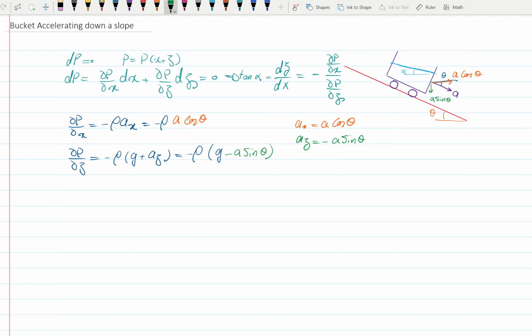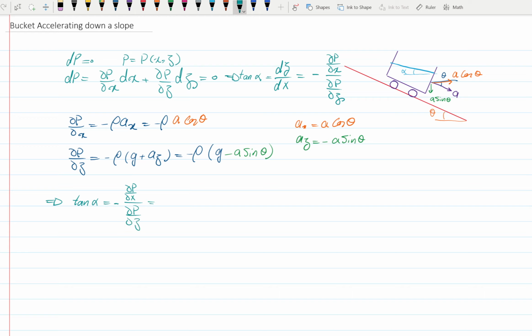So therefore tangent alpha is equal to, as we said, minus ∂p/∂x over ∂p/∂z.